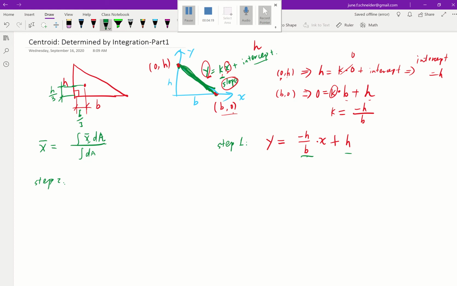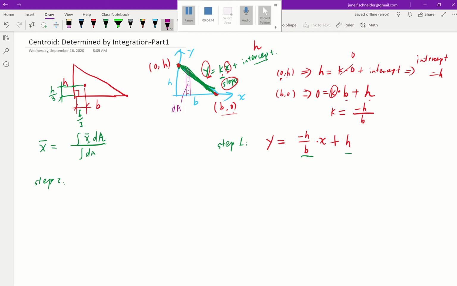Remember in calculus, we work on integration. You go ahead and draw that differential element in a rectangle form. You can draw it either vertical or horizontal. Here, obviously, this is a vertical one, this purple one. It's going to be our dA.